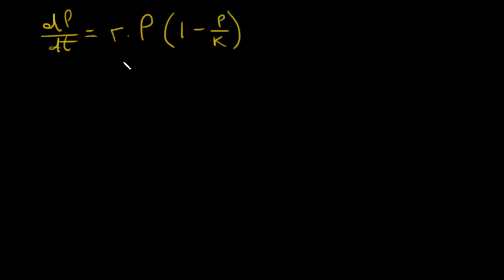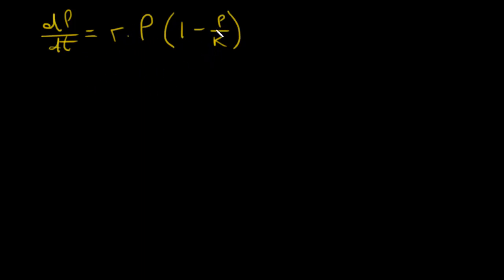Okay, so here we go. We've got our dP/dt equals r times P times (1 minus P over K). Now, we're going to do separation of variables again. So I'm going to call all of this the P stuff and move it over to the left, and then I'll have r dt on the right.